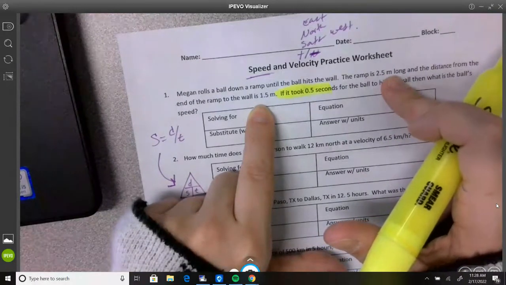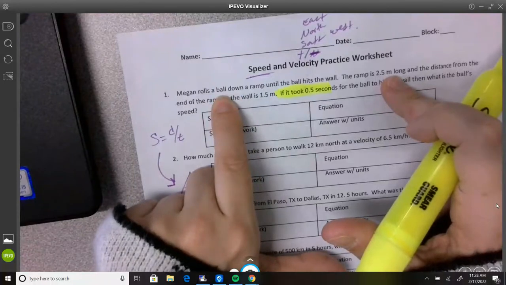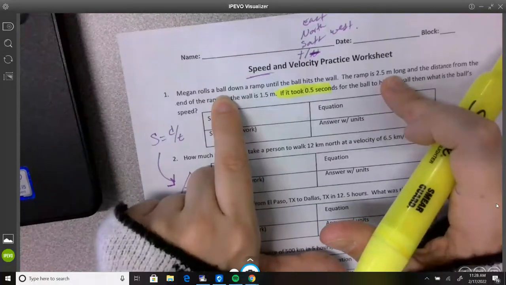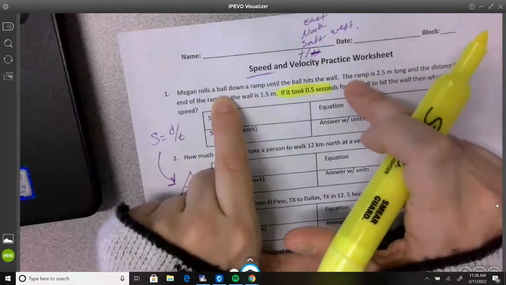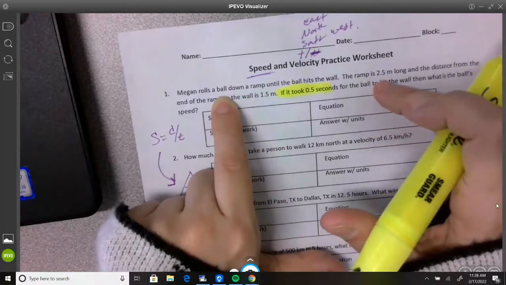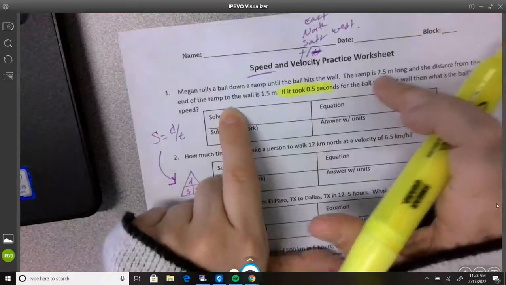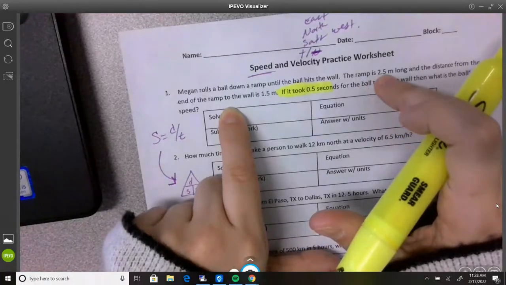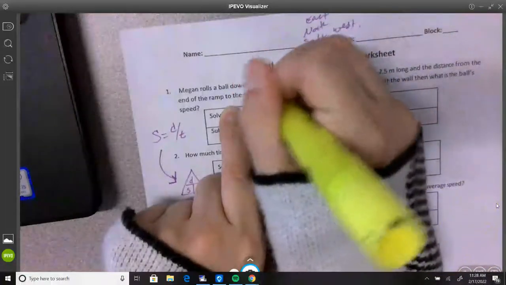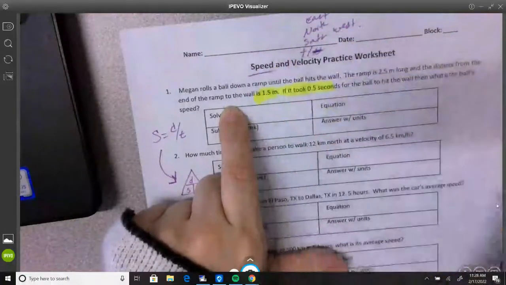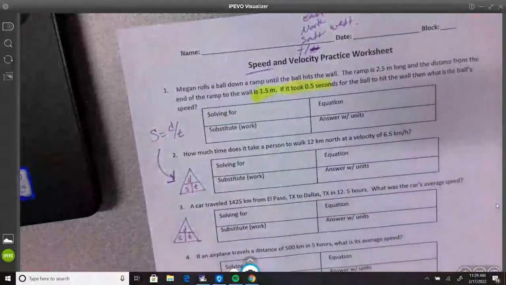Megan is simply rolling the ball down the ramp until it actually hits the wall. It is telling you that the total distance of the ramp is 2.5 meters, but in the end, it hit the wall, so you're going to be looking at right here, the 1.5.